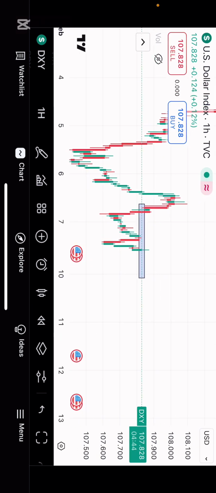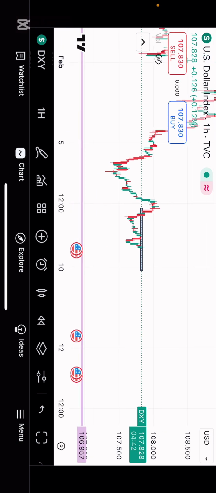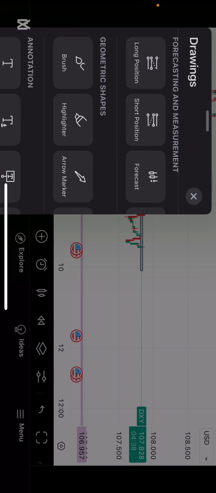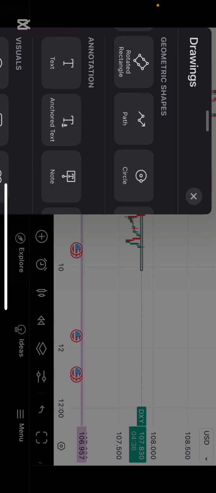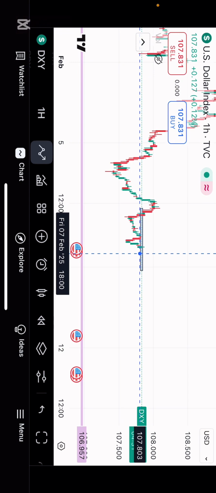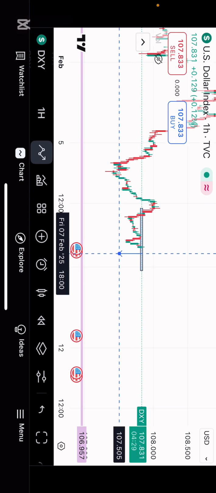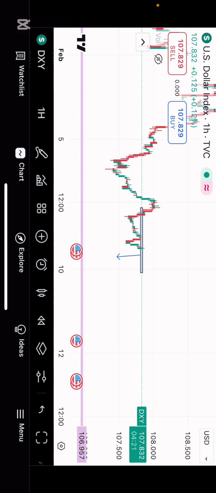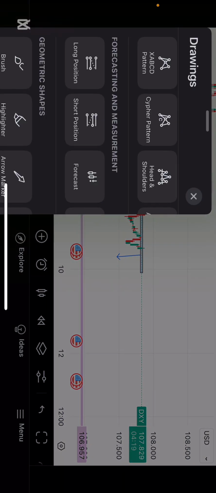But realistically, we want to sell, and what we're anticipating is the market to drop from here, at least up until, if we're going to experience a strong NFP, this is what we're going to expect.